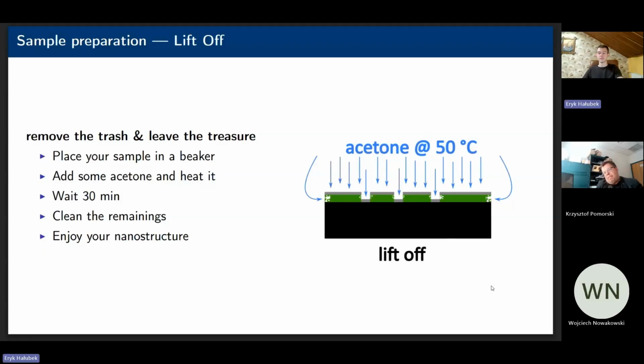These are just like flakes, like snow, like you have snowballs. Instead of snow, you have flakes of titanium that are 20 or 30 nanometers thick. It looks interesting. So when it's done, you can enjoy your nanostructure.